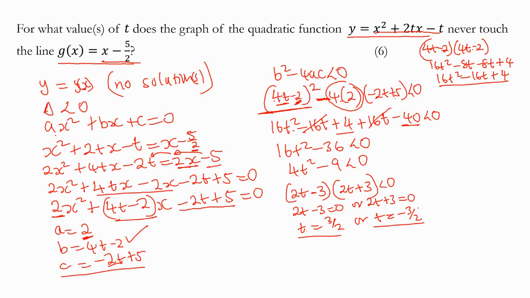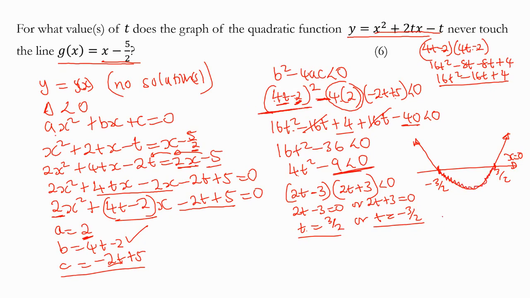Okay, so we have our critical values. This is the function, and these are the critical values, negative 3 over 2 and 3 over 2. This function is less than 0. So where is the function below the x-axis?